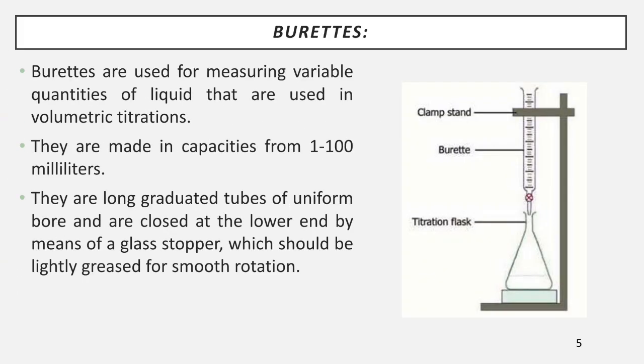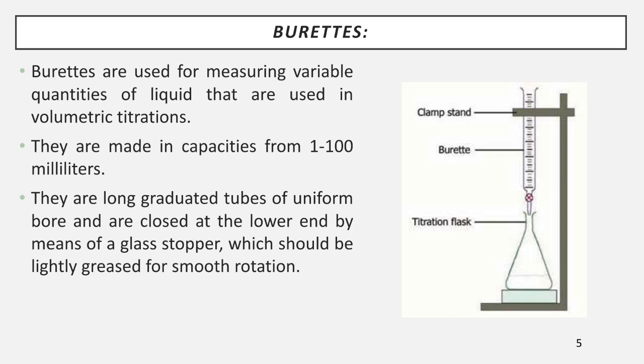Next is burettes, and this is the burette. Burettes are used for measuring different quantities of liquid used in volumetric titrations, and they are made in different sizes, 1 to 100 milliliters.